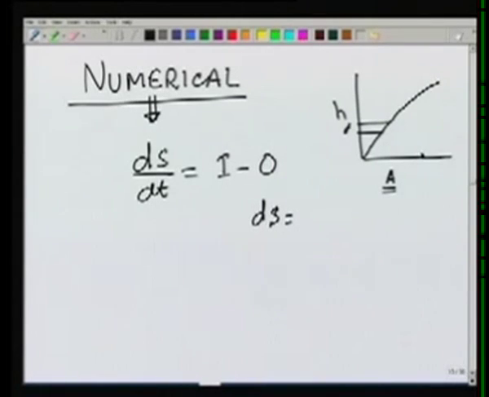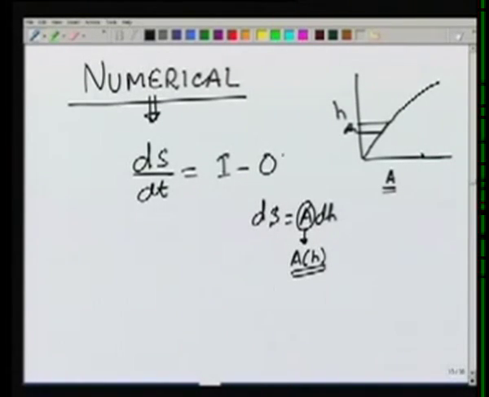So if we have a little change here dh, for very small change in dh, we can assume that the area is almost constant. So ds will be given by a dh, and this a will be a function of h. So we can denote this a as function of h.